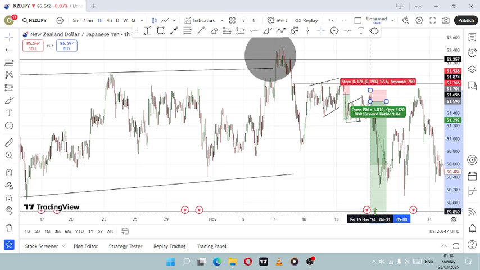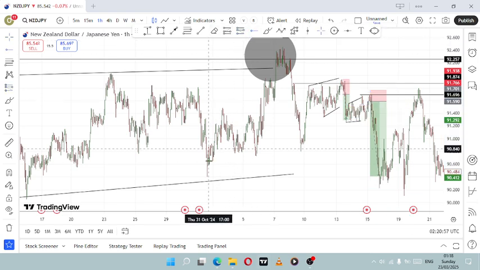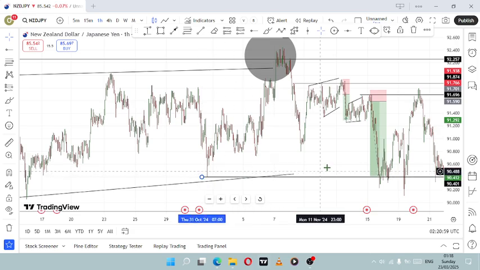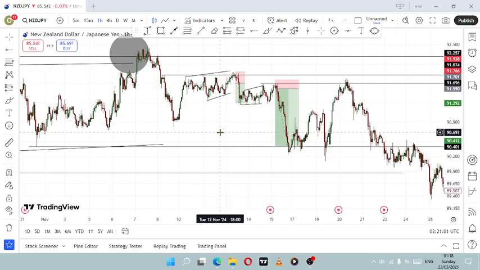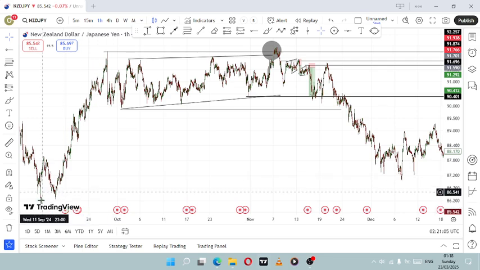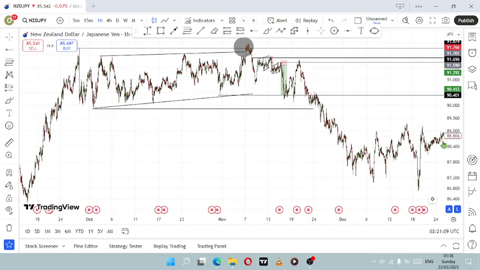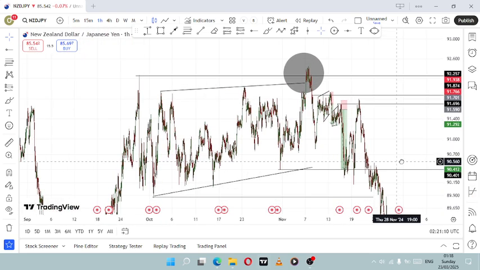If I'm targeting the overall low, even let's see, here is the target, targeting this low.